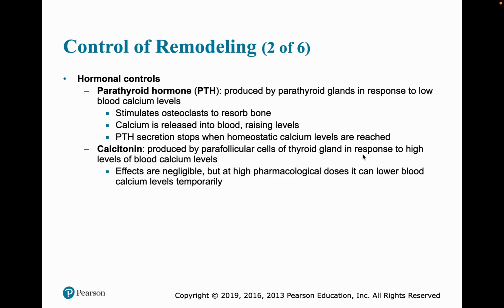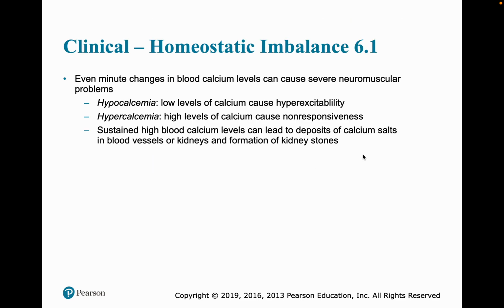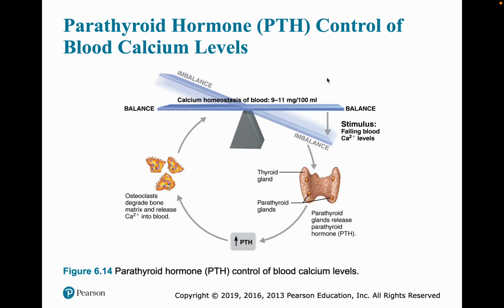But it's produced by the parafollicular cells of the thyroid gland, and it can activate osteoblasts, giving us our typical teeter-totter of homeostatic imbalance. So calcium drops in the blood, parathyroid cells release parathyroid hormone. Parathyroid hormone activates osteoclasts. Osteoclasts break down bone, and calcium goes back up.